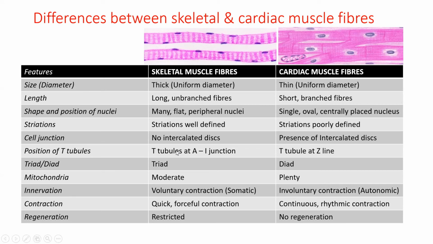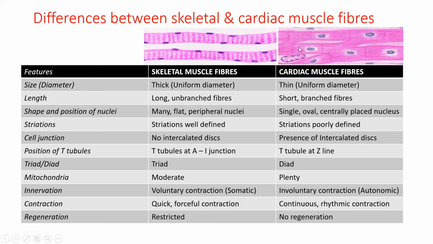This is a table showing the differences between skeletal and cardiac muscle. The skeletal muscles are thick, long, unbranched fibers having many nuclei at the periphery, whereas the cardiac muscle is short and has a single oval centrally placed nucleus.